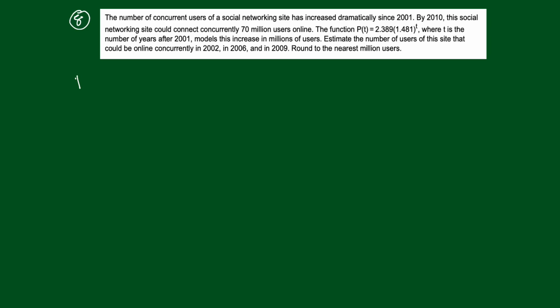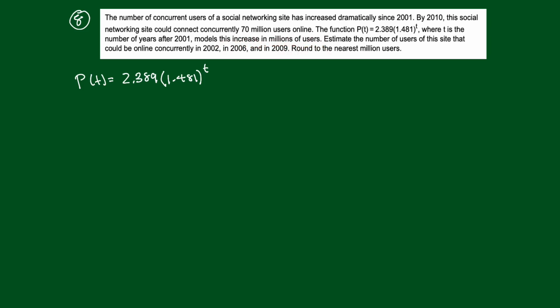It is P of t equals 2.389 times the quantity 1.481 raised to the t, where t is the number of years after 2001. So this function models the increase in millions of users.